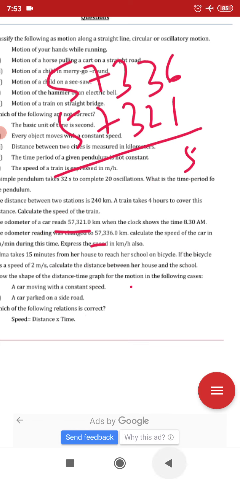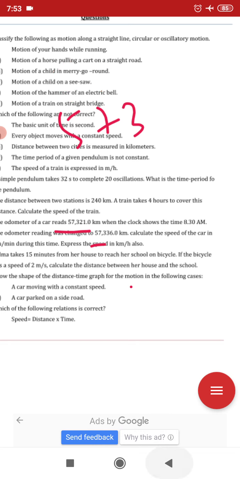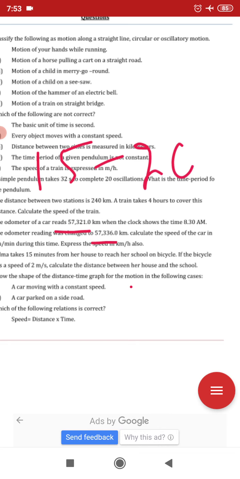So 15 kilometers covered in 20 minutes. So the distance covered in 1 minute should be 15 by 20.